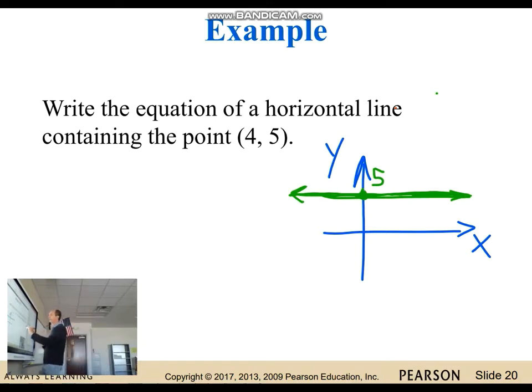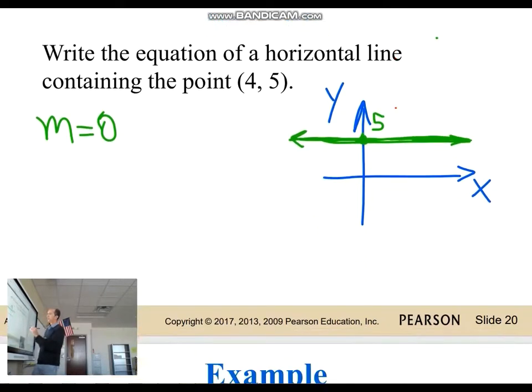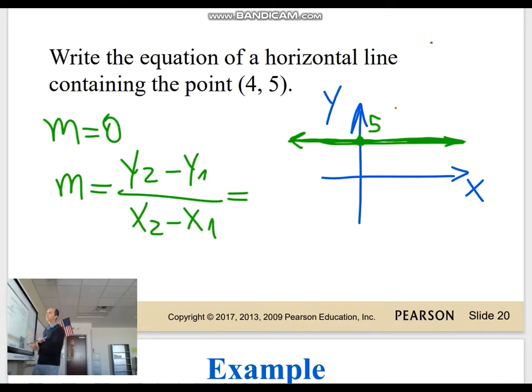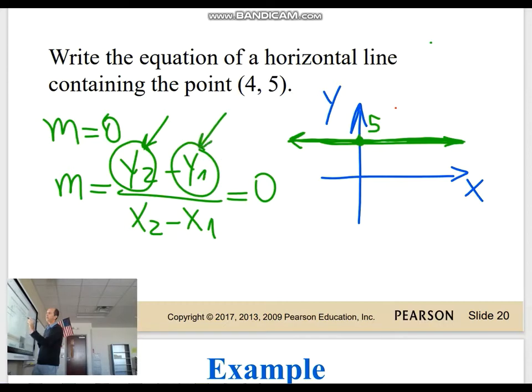A horizontal line has m equals 0. The slope is equal to 0. We have seen this in the last section. That means if we try, just as an exercise, to use the slope formula, y2 minus y1 over x2 minus x1, this is equal to 0, because we will subtract, in this situation here, y equals 5, and y is always going to be equal to 5, so the difference is 0.